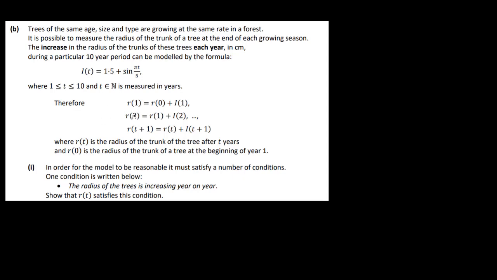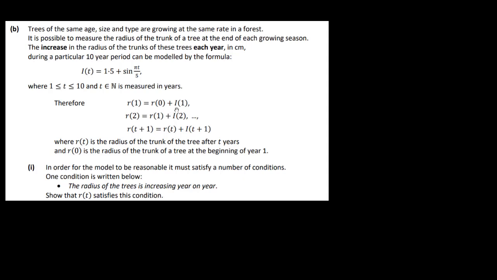Therefore it says R1 is R0 plus I1. So R0, I'm assuming, is the, well, they tell you down here, R1 is the radius of the trunk of the tree at the beginning of year 1. So R0 is the radius at the beginning of year 1.